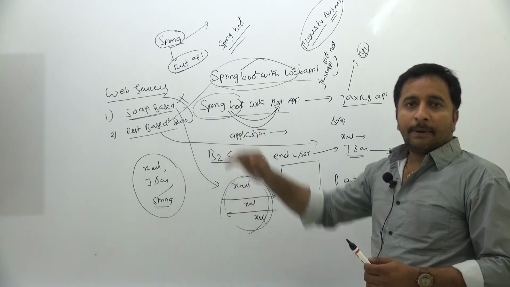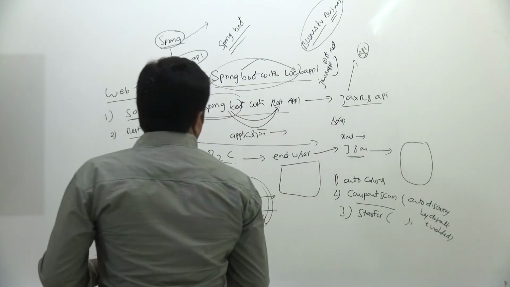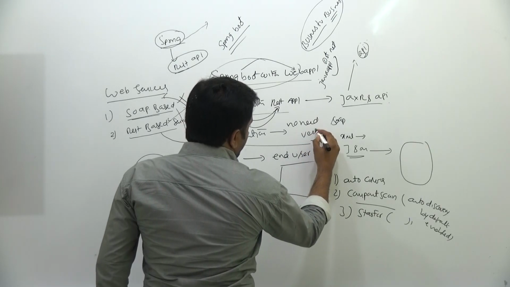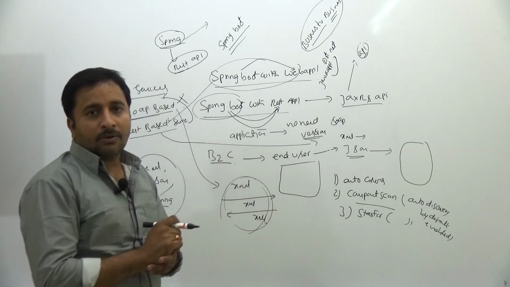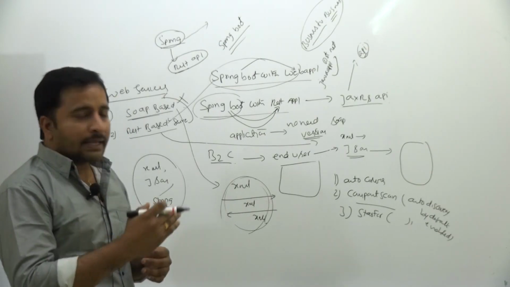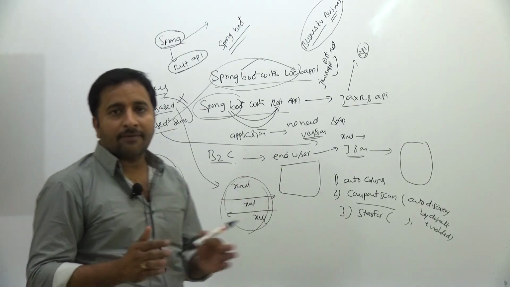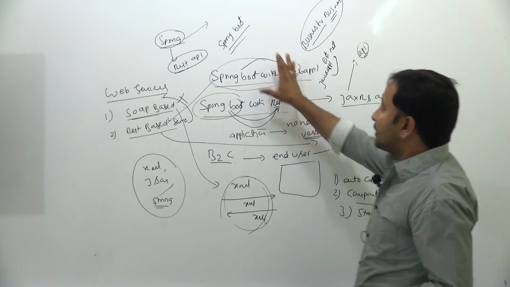So by that, we get no need to maintain any version compatibility, and we can completely escape from that. We need not maintain any transitive dependencies or version management; all these things we completely avoid. So this is the flexibility we get by using Spring Boot.